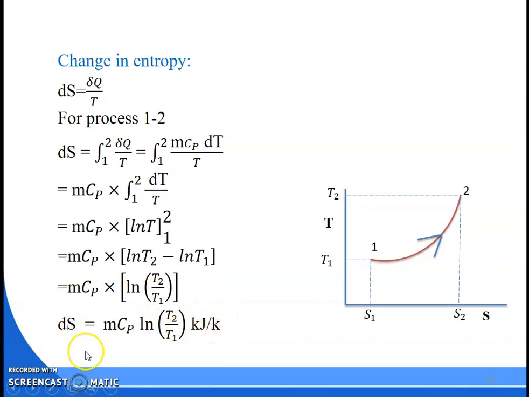So that is your change in entropy for which process? Change in entropy for constant pressure process, mCp ln (T2 by T1).